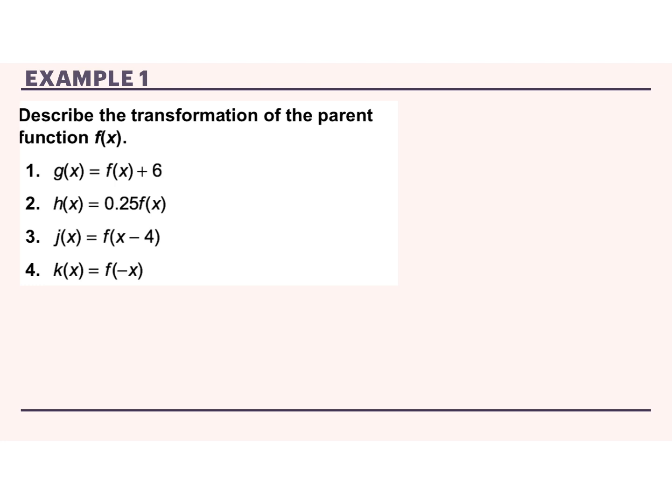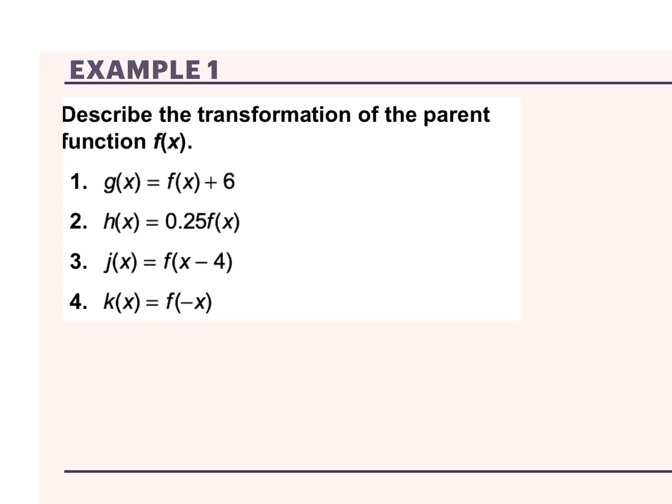So let's look at some examples. Here we're just dealing with the function f of x. That's our parent function, so this could apply to any parent function, whether it was just x or x squared or an absolute value, but we're just going to say f of x as a general function. In number 1, we're adding 6 on the outside.